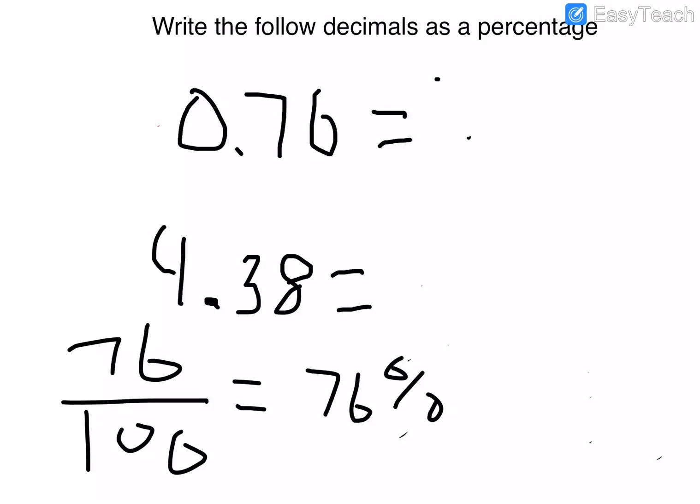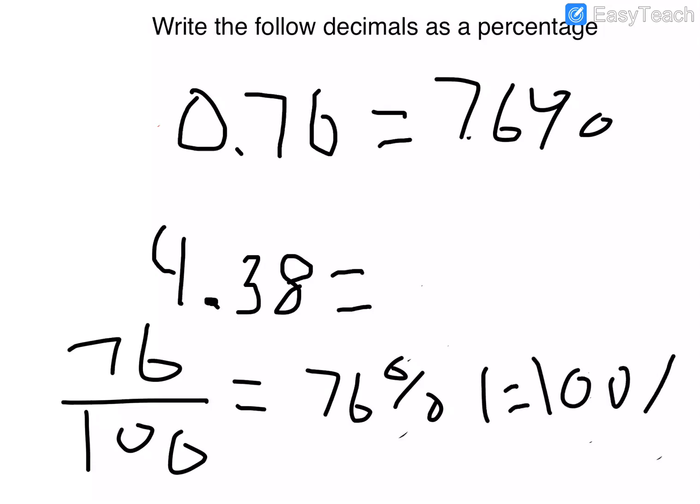And then with the 4.38 over here, 1 equals 100%. We've got 4 over here and the 38. So you're going to get 400, and then you also have the 38, which makes 438%.